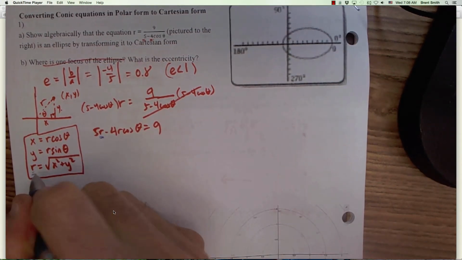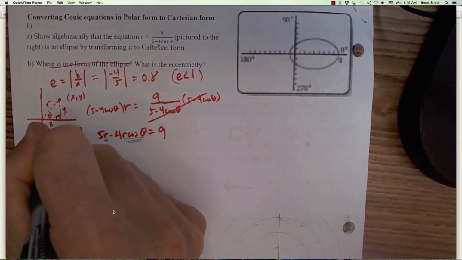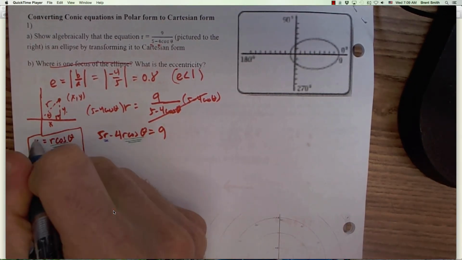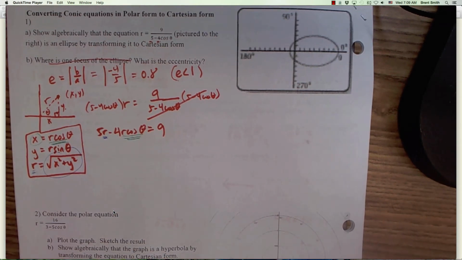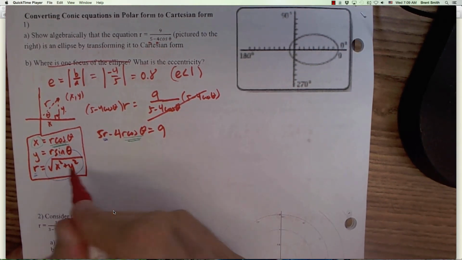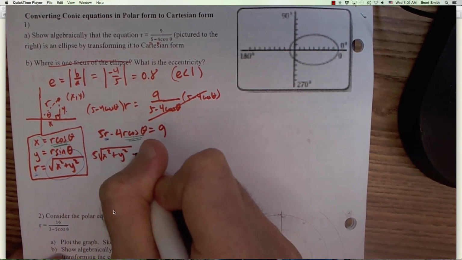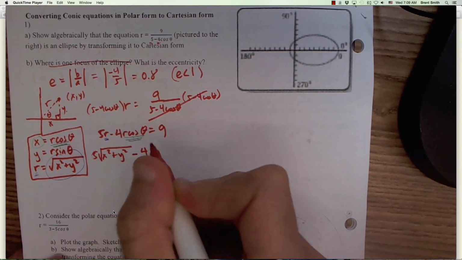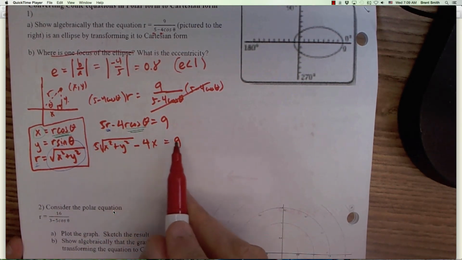We got our r here, and then we've got r cosine theta right here. So I'm going to plug in x, and I'm going to plug in square root of x squared plus y squared. So right here I'm going to write 5 times square root of x squared plus y squared minus 4 times x equals 9. And now I've gotten rid of the r's, I've gotten rid of the thetas.